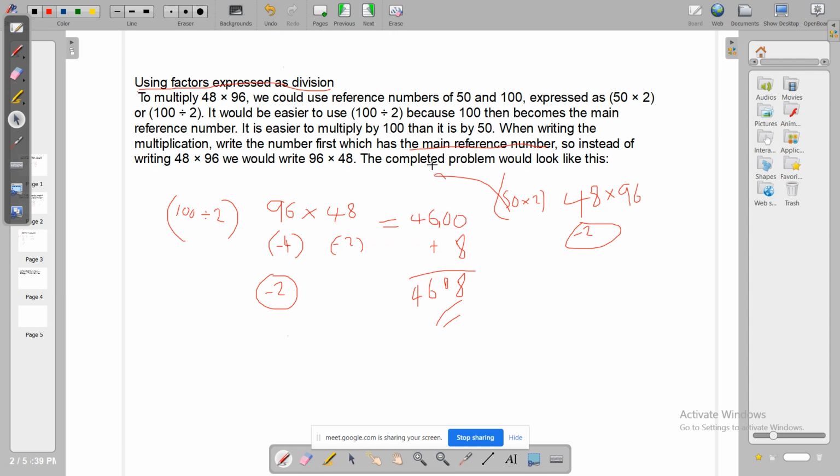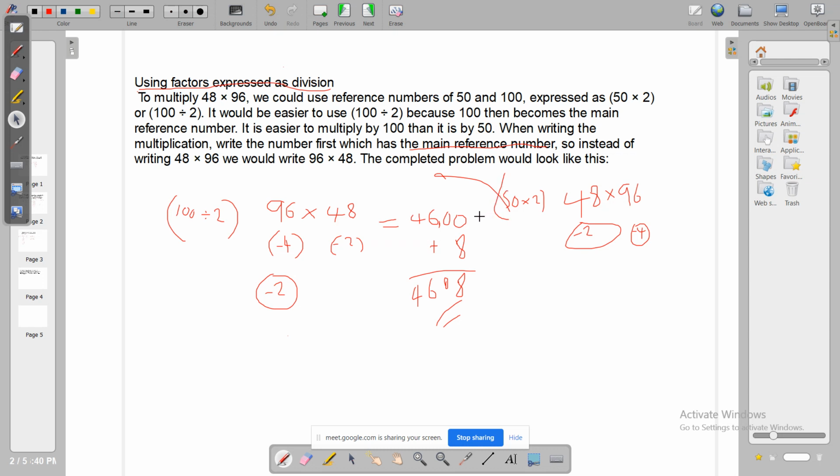What number, when you multiply this and this, you get 100. So what number will you subtract from 100 that will give you 96? Minus 4, right? Yes. Okay, so I have my minus 4 here.